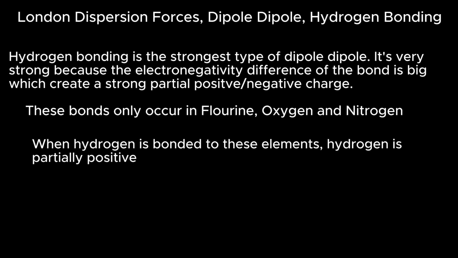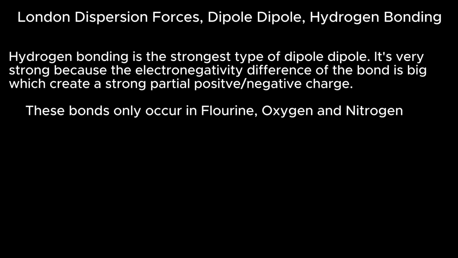The hydrogen atom carries a partial positive charge due to the electronegativity difference. And the reason why hydrogen bonds are so strong is because the electronegativity difference is huge. So hydrogen's electronegativity is 2.2 and fluorine's electronegativity is 4. So you would imagine that if they were bonded together, it would have a very strong partial negative and partial positive charge.